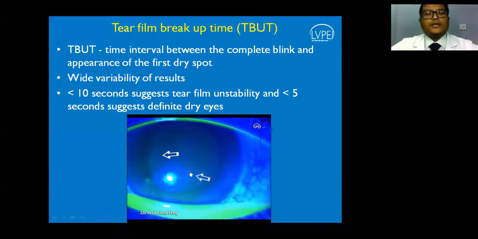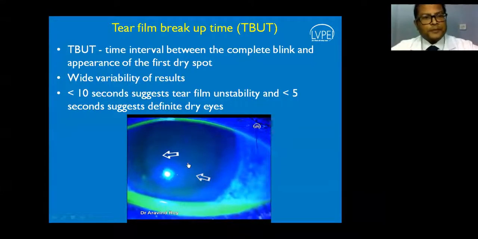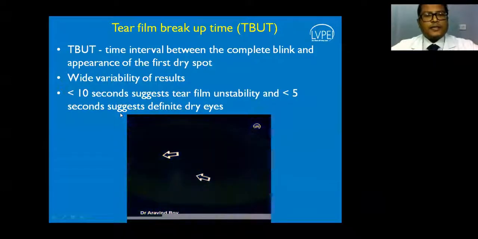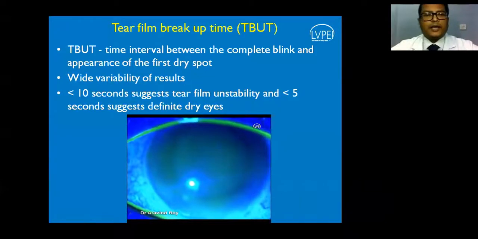As you can see here, there is a dry spot that is slowly appearing where the fluorescein starts breaking up. So again, there is a wide variability of results. Less than 10 seconds suggests tear film instability, and less than 5 seconds suggests definite dry eyes.